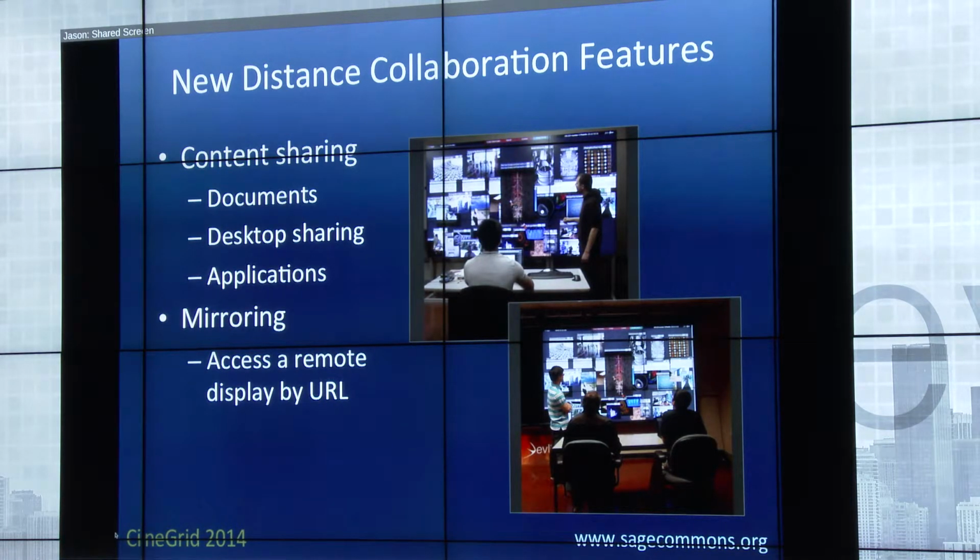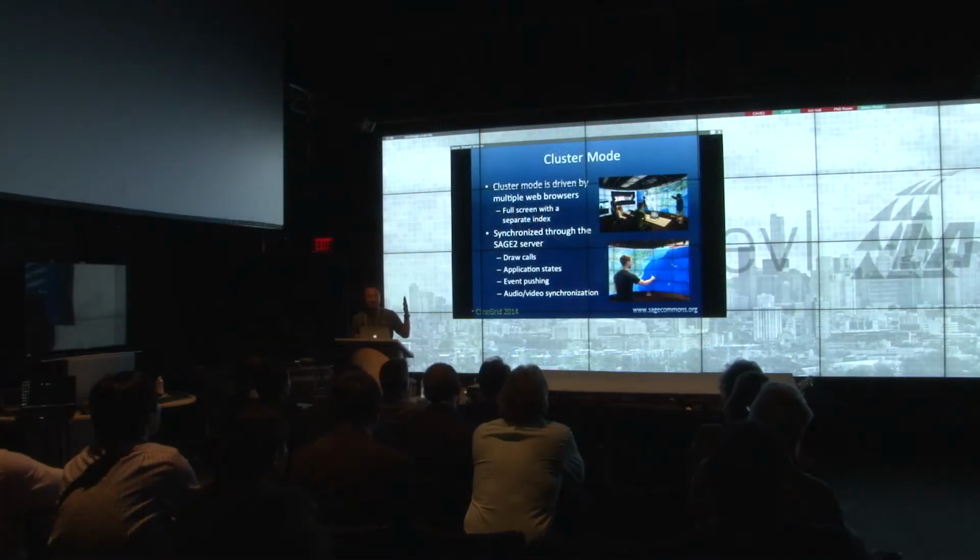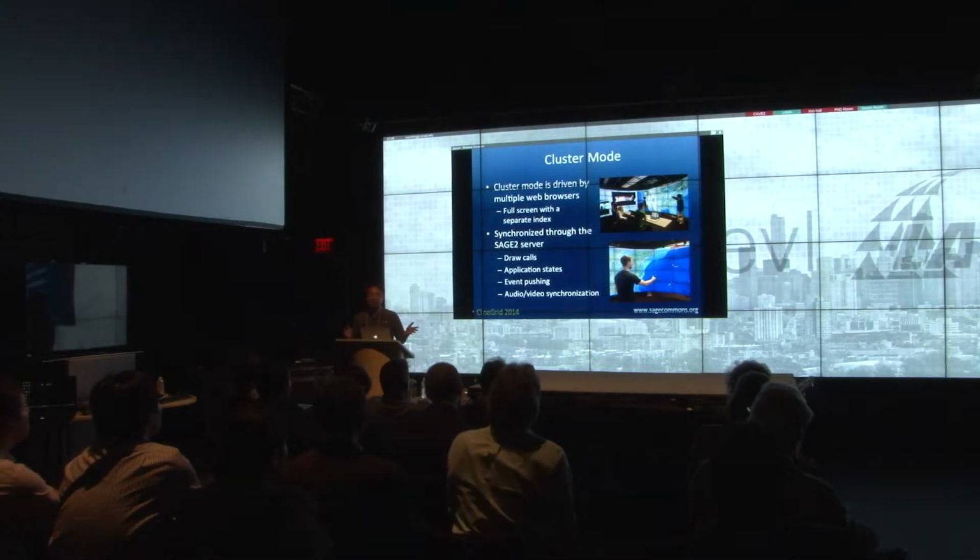But that's still under development right now. As I said, this version of SAGE is running in cluster mode, and Luke is going to talk through his slides about the architecture, and explain how you can get started with a SAGE wall for as little as $6,500, believe it or not. Okay, take away, Luke.